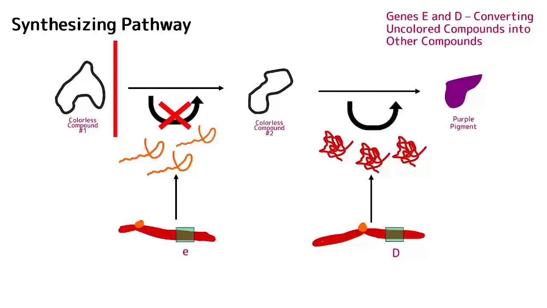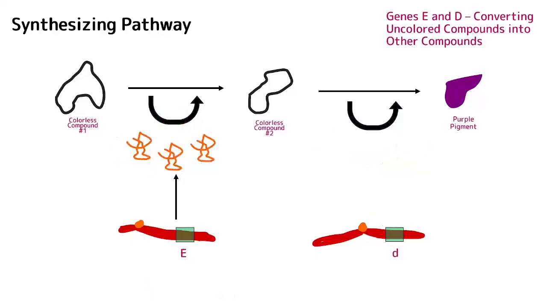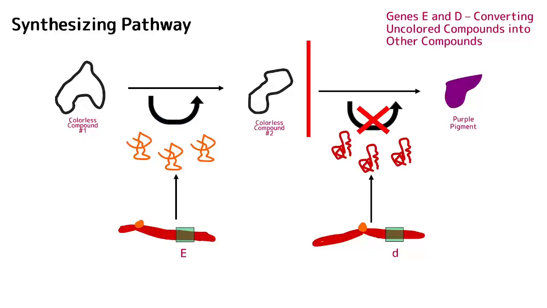As such, the colorless compound gets accumulated, and purple pigment will not get created. Now, for the second case, when the D gene is not active, it creates a defective protein which cannot catalyze the second reaction. Thus, the second colorless compound gets accumulated, and purple pigment cannot get created.